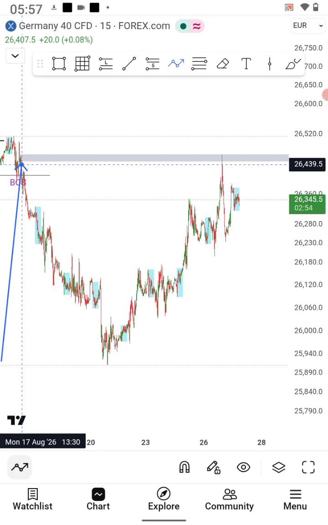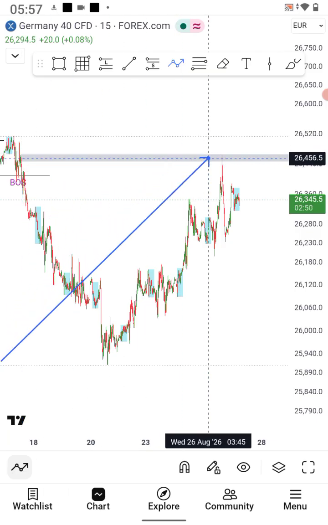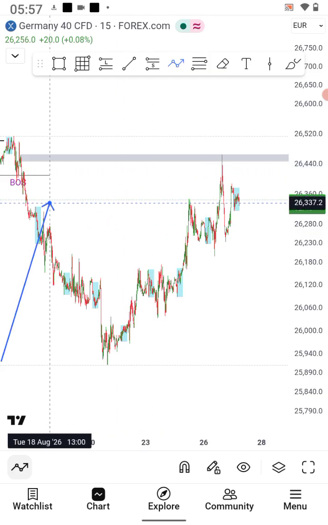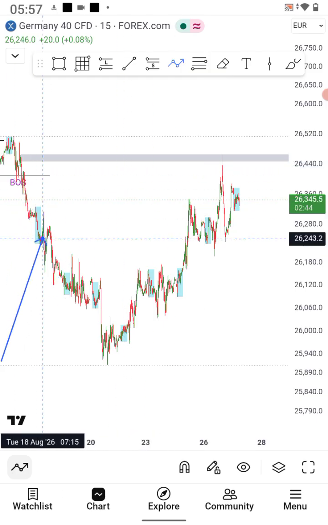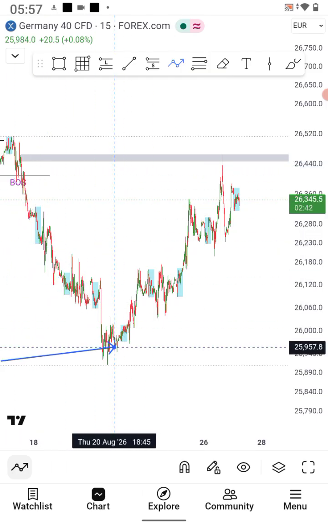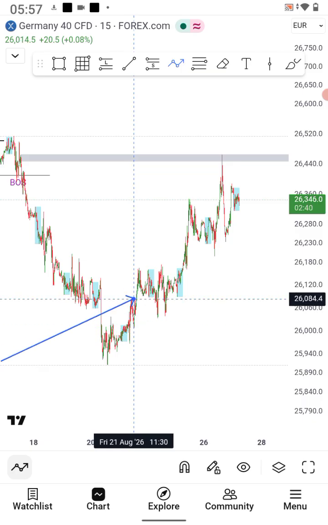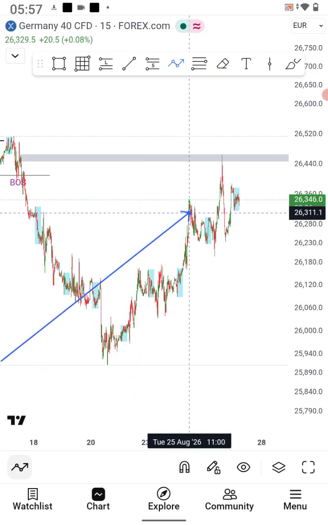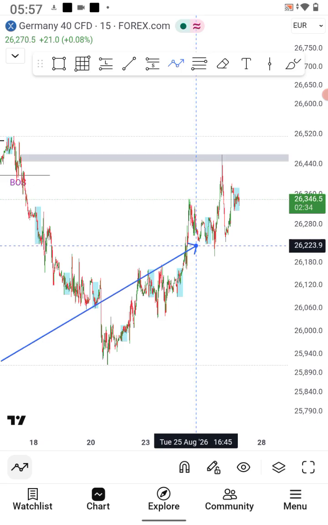Are you seeing it now? Now, what do we want to see for us to comfortably place our limit order here? We want to see that price moved away, right? We want to see that as price is coming back towards it.